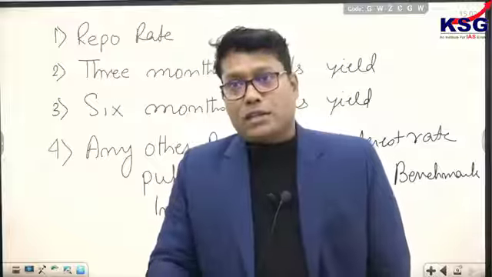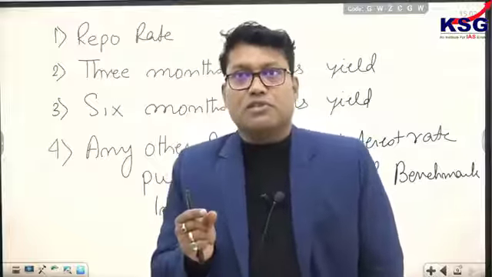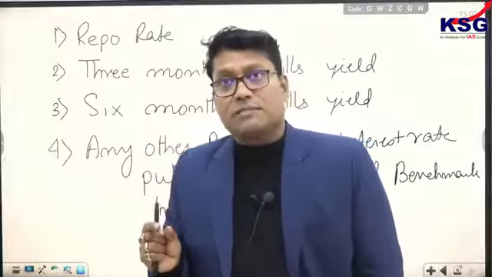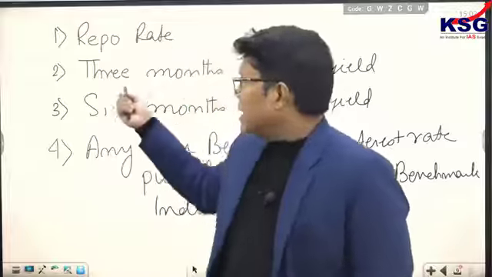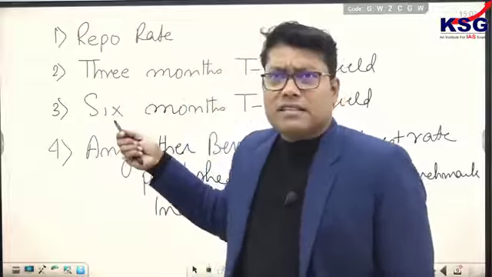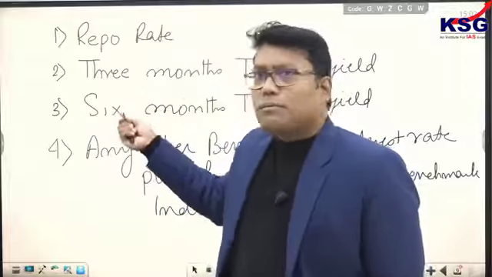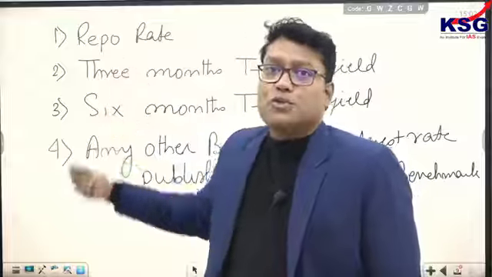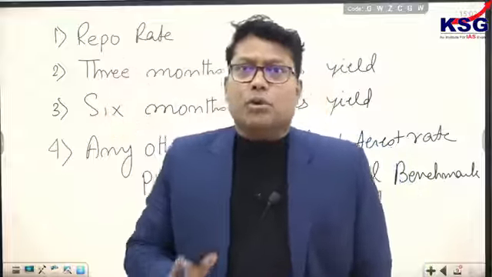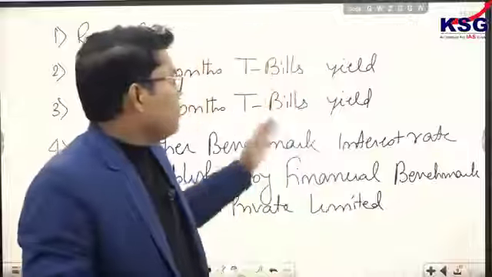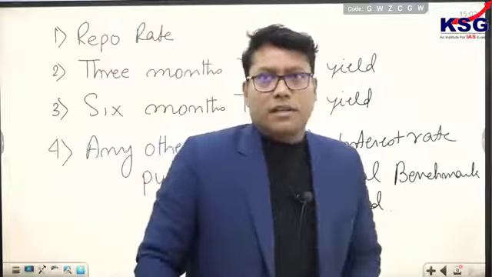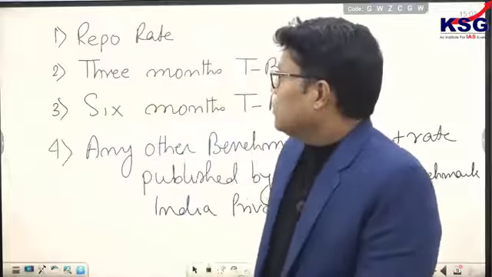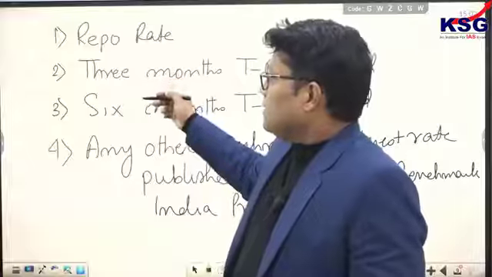So if you take how much returns you are getting from the 3 months T-bills or 6 months T-bills, but if you think in the practical one, these all are very related because they are short-term bonds. So any change in the repo rate, in the same way these are going to change. But mostly the banks are following the repo rate. Clear? So these are the things they could choose.